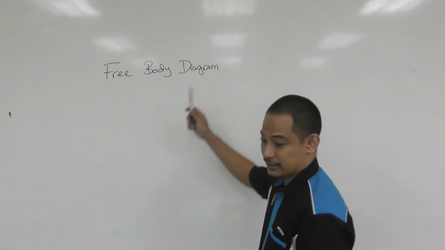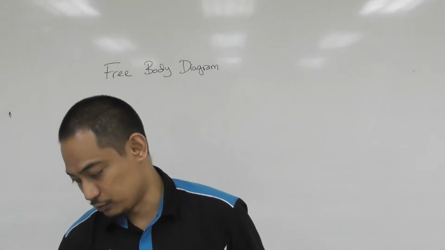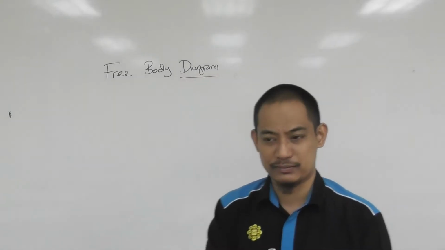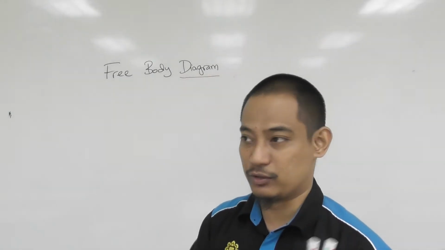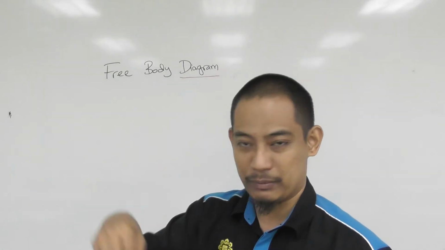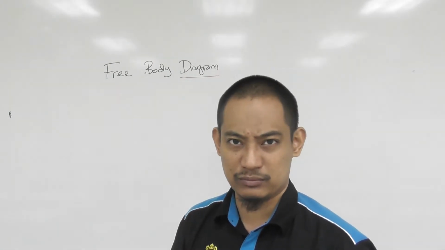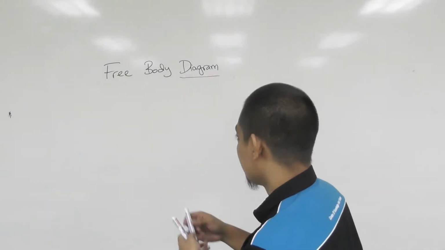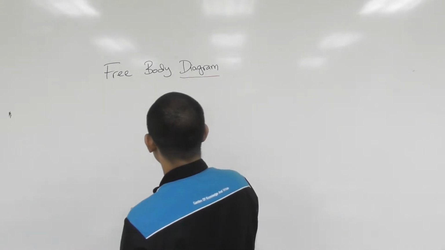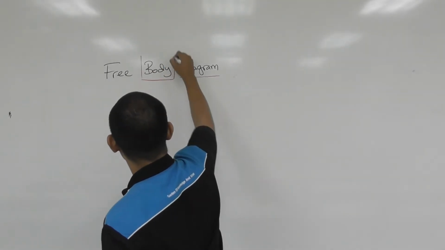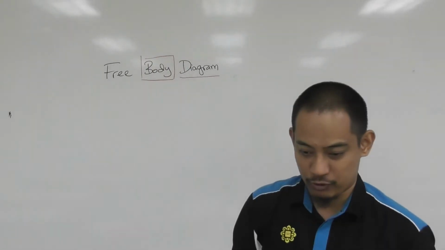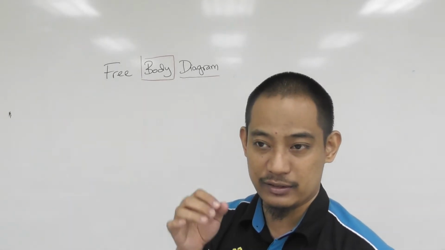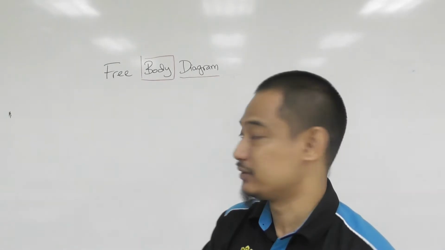Fundamentally, it should be a diagram. When you draw, it should resemble a proper diagram. It's not some abstract sketch that no one can understand. That's number one. Number two, it should be specific for any given or specified body that either the question wants or you have determined.